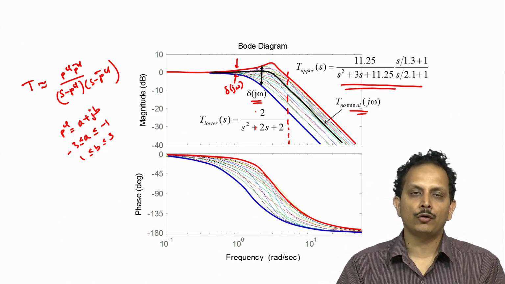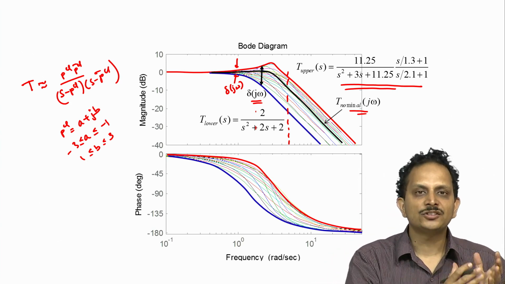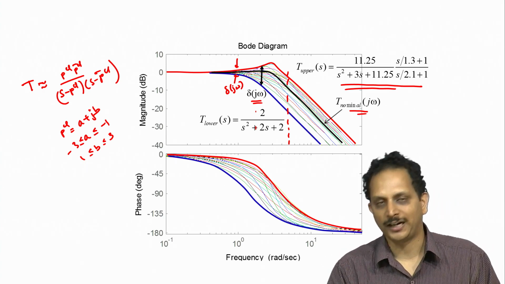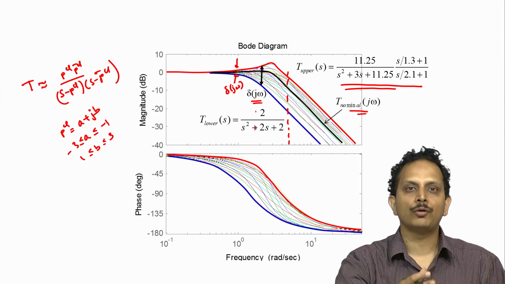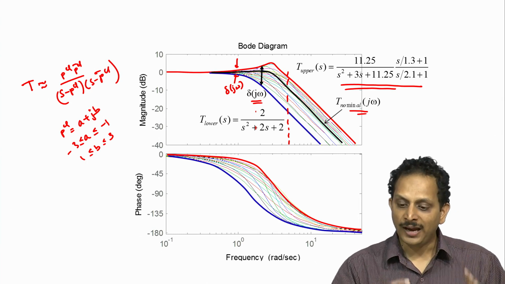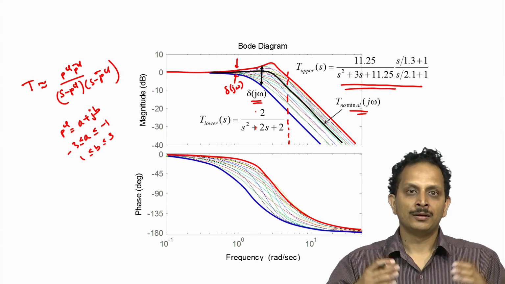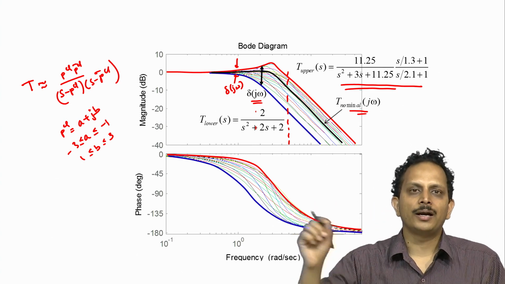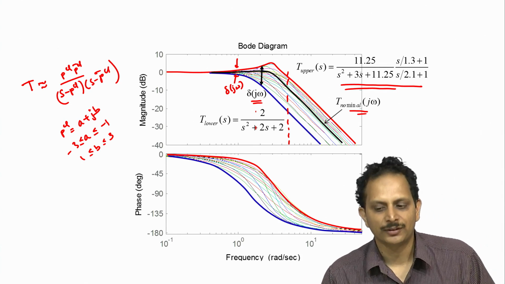So, what we are essentially claiming, when we have decided to choose a bandwidth of around 4 radians per second for our overall transmission function, is that our reference signal's frequency content will not exceed 4 radians per second. If our reference signal had frequency content beyond 4 radians per second, then we would have to choose our dominant pole locations for our overall closed loop system in such a manner that the transmission function assumes a magnitude close to unity within the entire frequency spectrum of the reference signal.